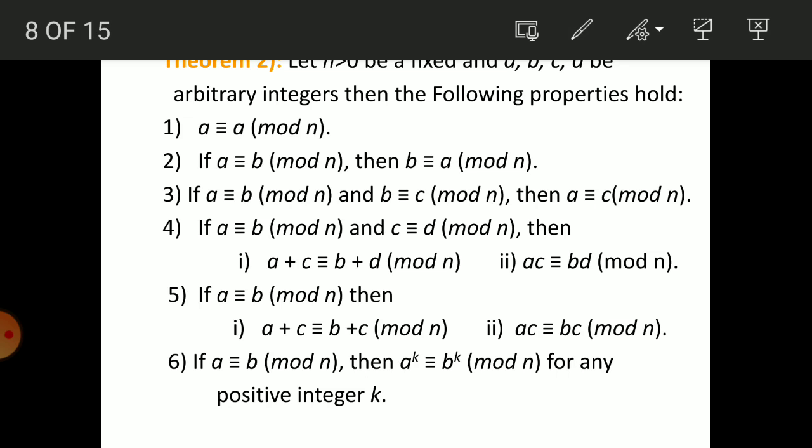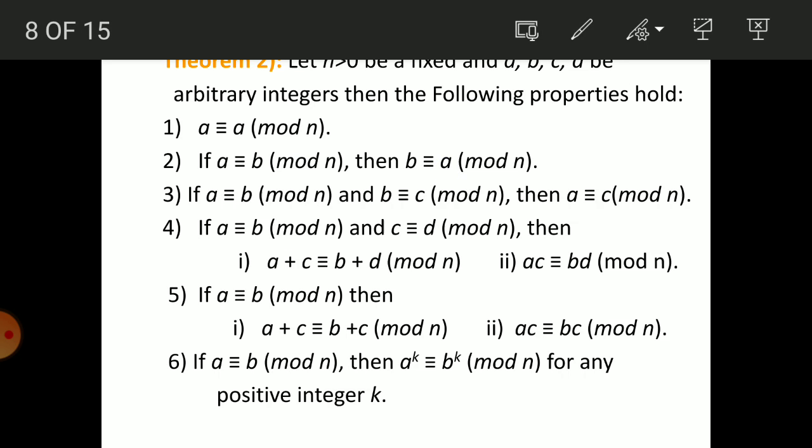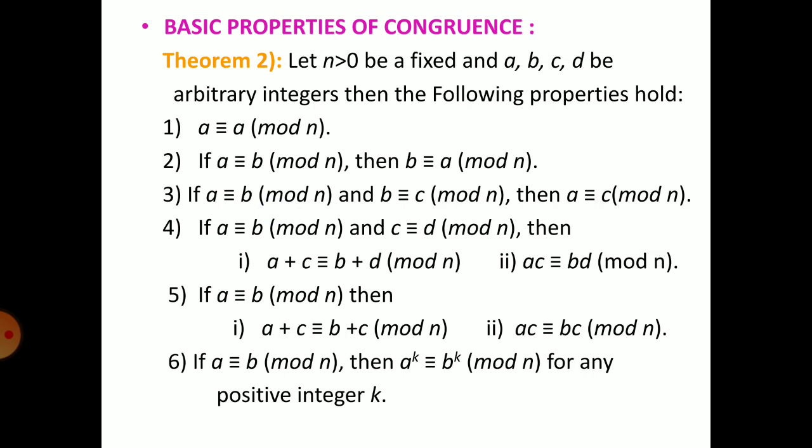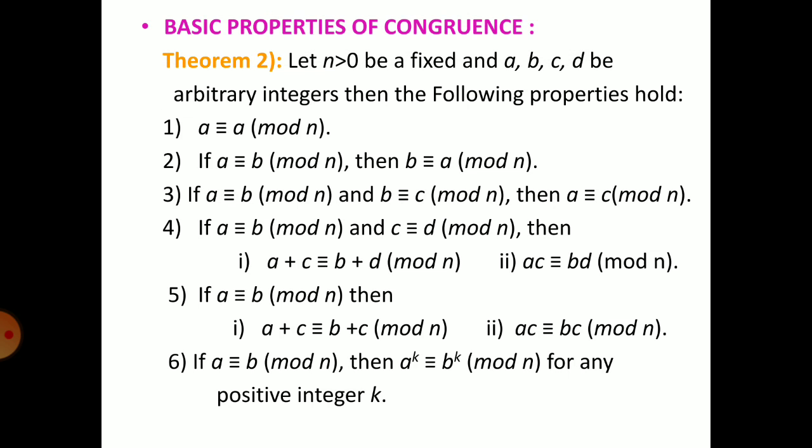That means every integer is congruent to itself mod n. Second, if a is congruent to b mod n, then b is also congruent to a mod n. Third, if a is congruent to b mod n and b is congruent to c mod n, then the first integer a is congruent to the third integer c mod n.